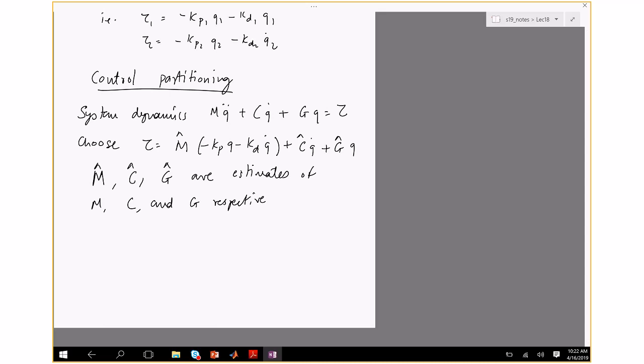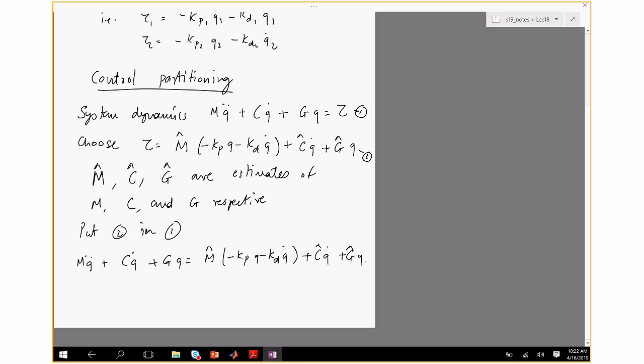So let's put equation 2 in 1, so we have M q double dot plus C q dot plus G q equals M hat times (minus kp q minus kd q dot) plus C hat q dot plus G hat q.